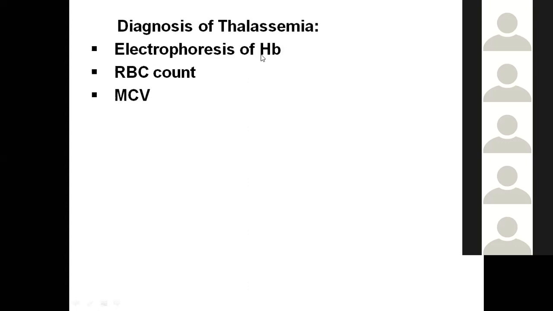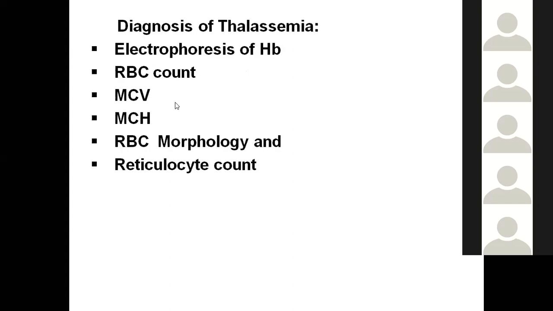I'm not going into the depth of this, okay? But just electrophoresis of hemoglobin itself will tell us. Then RBC count, of course. Then MCV, mean corpuscular volume, mean corpuscular hemoglobin, RBC morphology, and reticulocyte count.